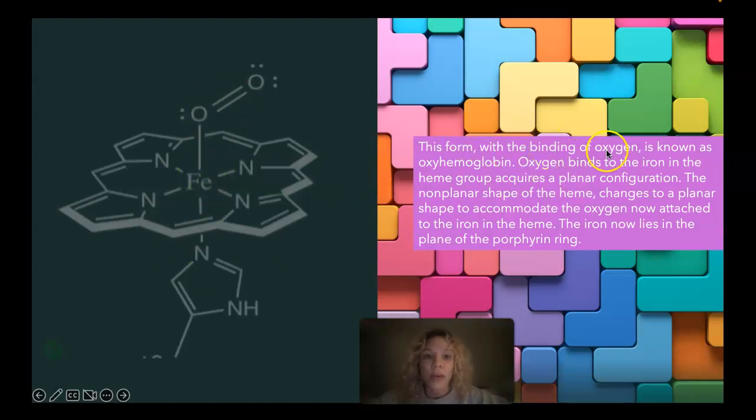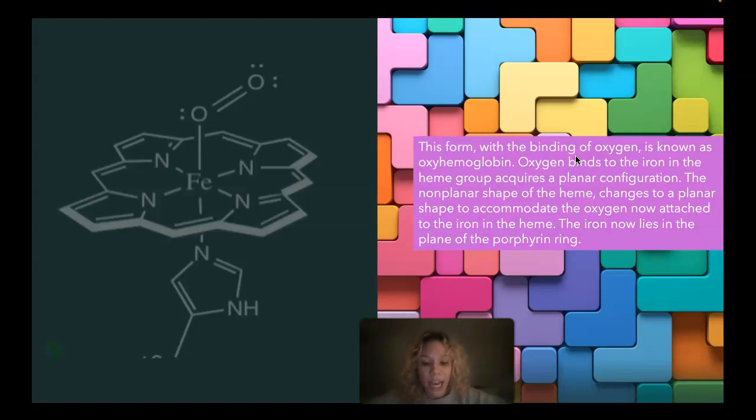So this form with the binding of oxygen is known as oxyhemoglobin. Oxygen binds to the iron in the heme group and acquires a planar configuration. The non-planar shape of the heme changes to a planar shape to accommodate the oxygen now attached to the iron in the heme. The iron now lies in the plane of the porphyrin ring.